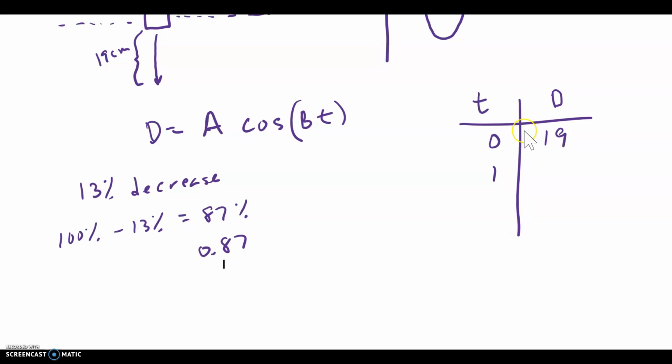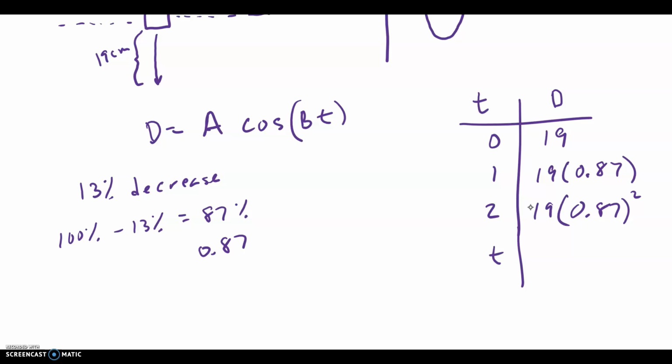And so you take your 19, you times by 0.87, and that's your new amplitude 1 second later. And then 2 seconds later, it's going to be 19 times another 0.87, so it's 0.87 to the second power, and so on and so forth.